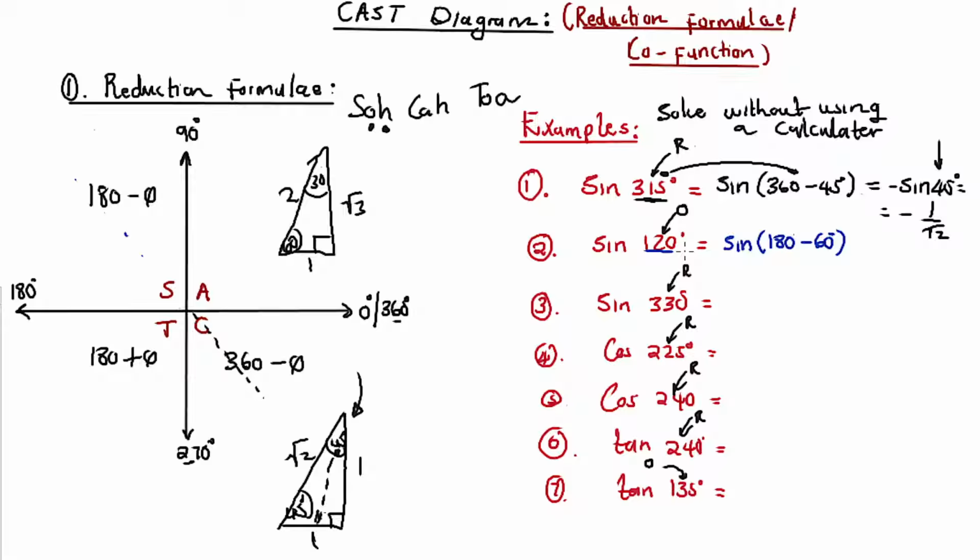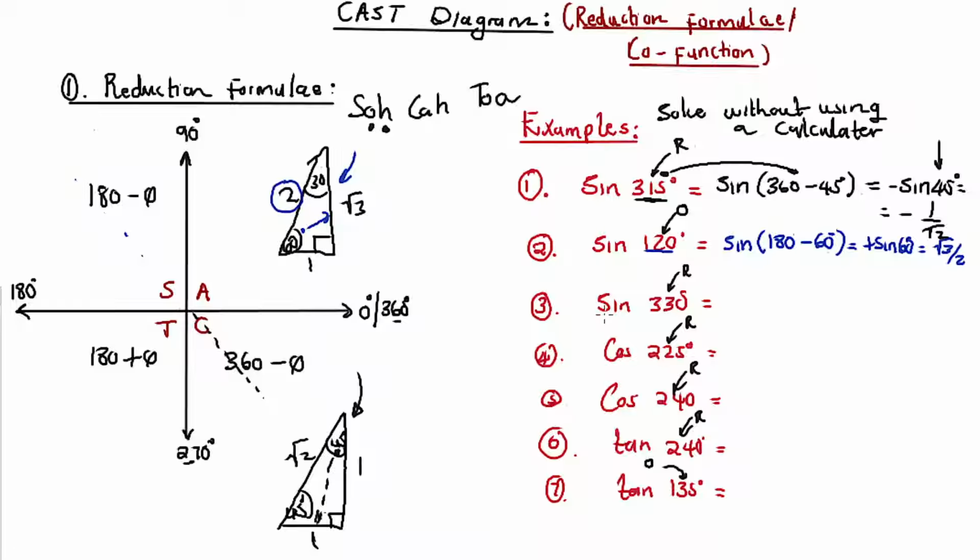So 120 can be written as 180 minus 60. 180 minus 60 gives us what? 120. So this simplified, it's going to be a positive sine 60 degrees. Now using this triangle to simplify that to a value, sine 60 degrees using SOHCAHTOA is opposite over hypotenuse. So the answer is square root 3 over what? 2.